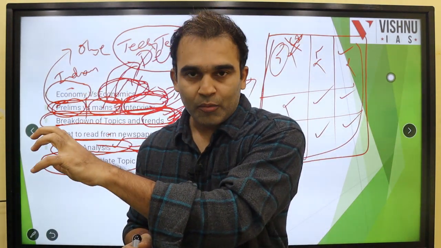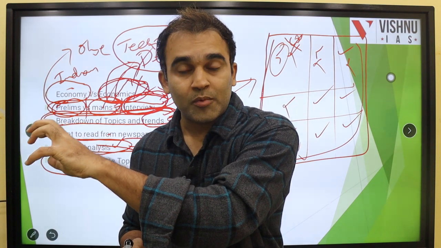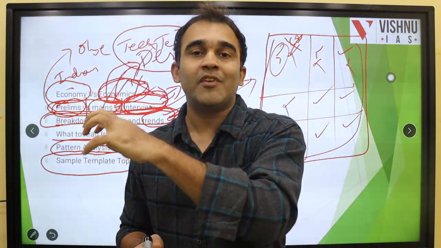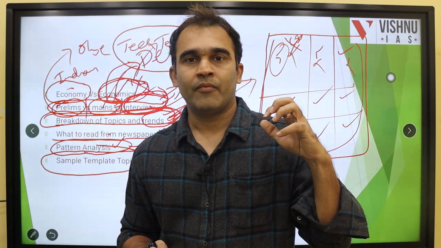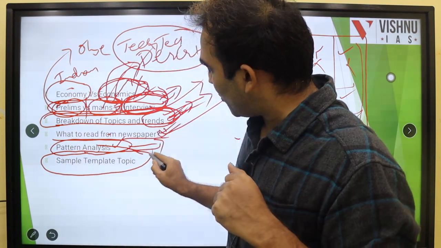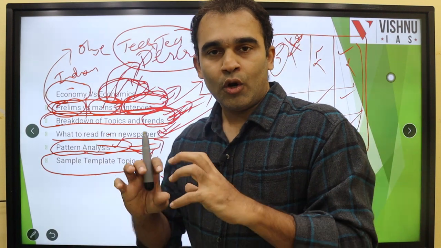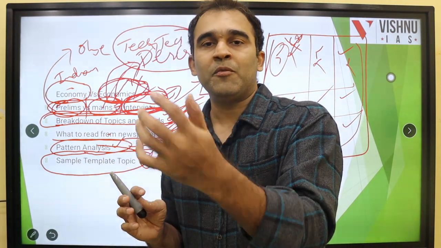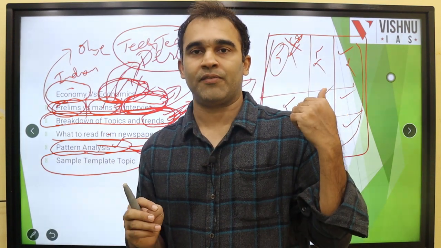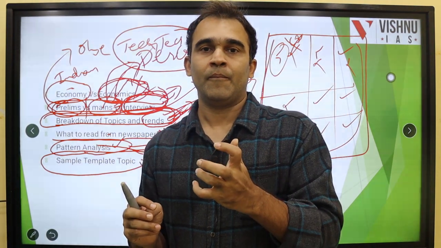Meaning, a single topic is a probable question for both prelims and mains. So I'll be taking one current affairs topic and I'll help you to break it down. I'll help you to look objectively from a prelims perspective and a mains perspective at that particular topic.